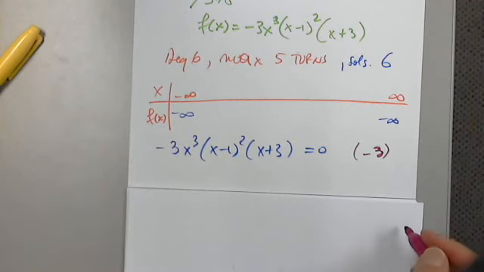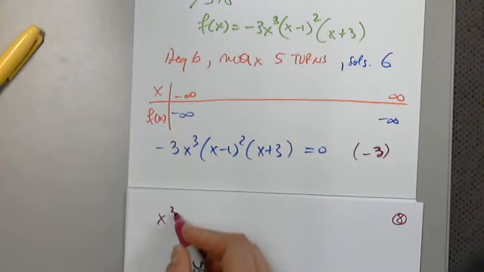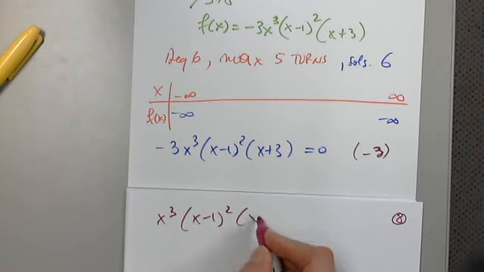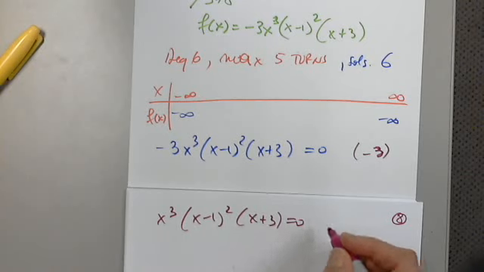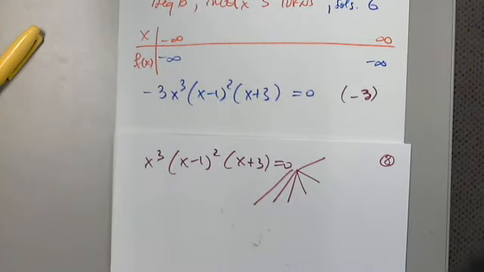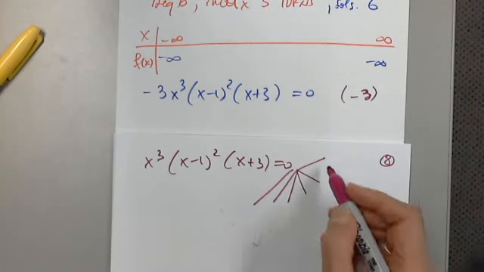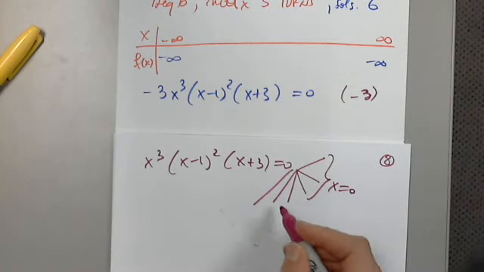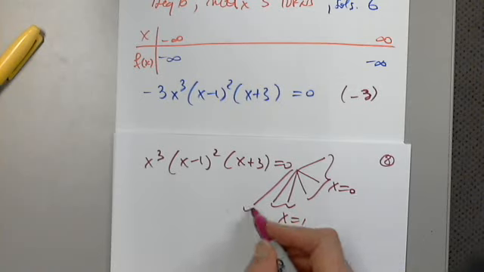So then x cubed, (x minus 1) squared, (x plus 3) equals 0. And I'm sure you're going to give 6 solutions: zero 3 times, 1 twice, and negative 3 once.